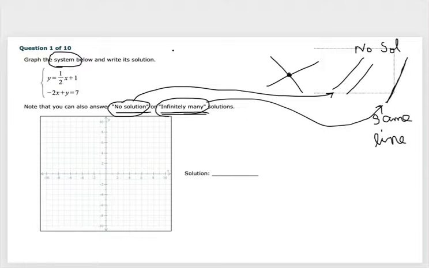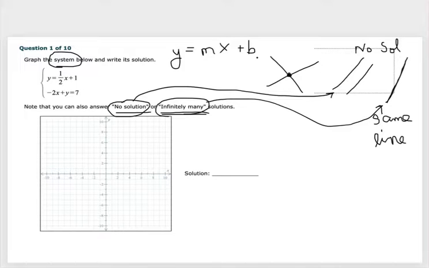Remember, y equals mx plus b is our slope-intercept form of the line. And this first line is in this form: y equals 1/2 x plus 1.